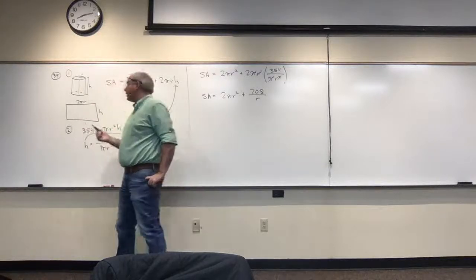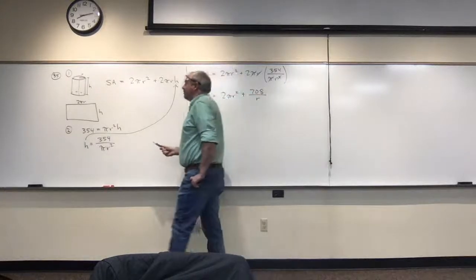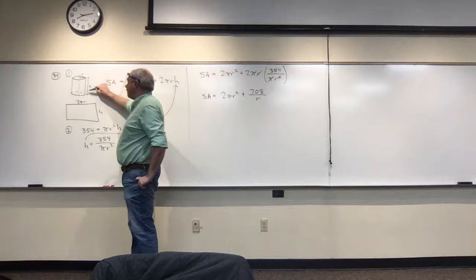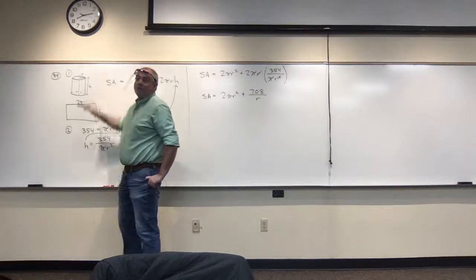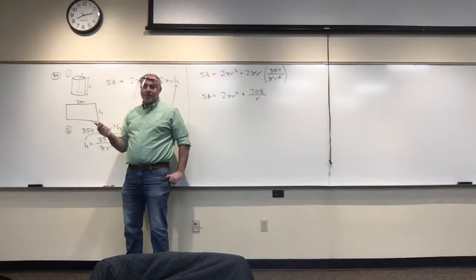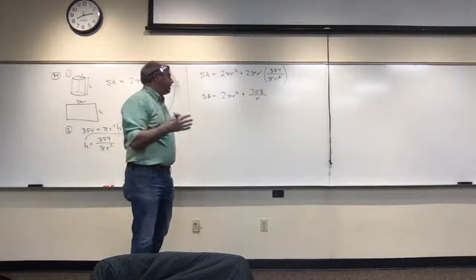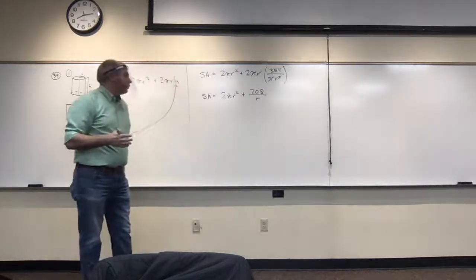Now, how big could r get? Well, I suppose it could get very, very big if h got very, very small. It'd be a very silly looking can, but it's possible, right? And so there's no real boundary conditions on r that I have to worry about.